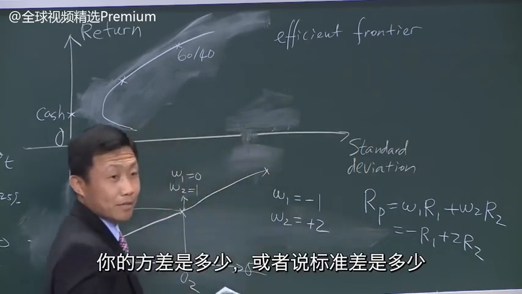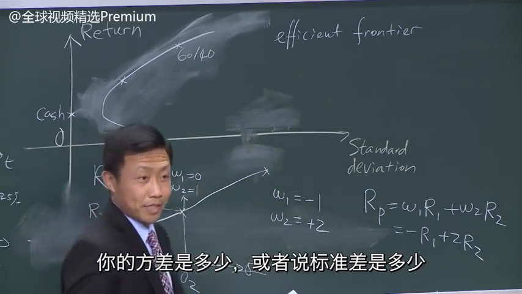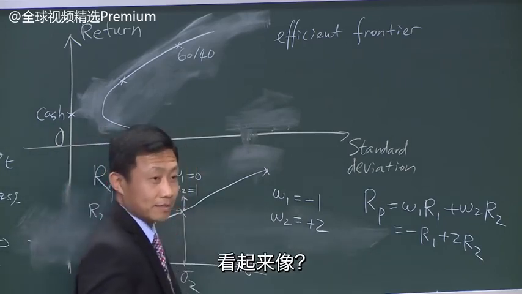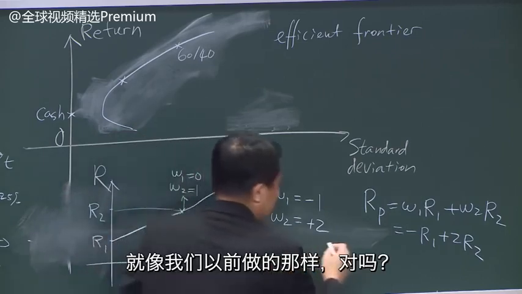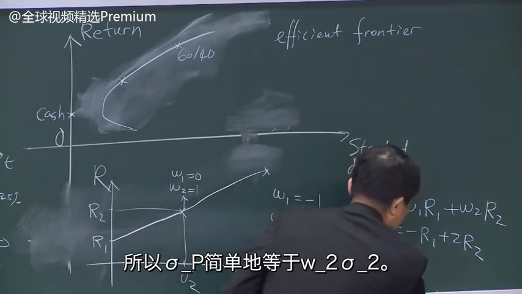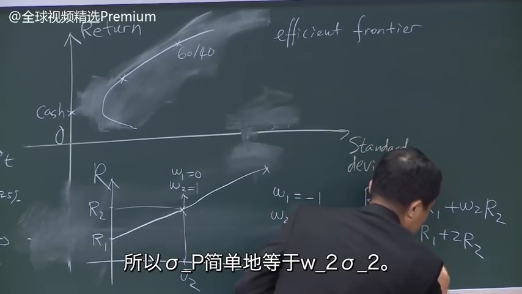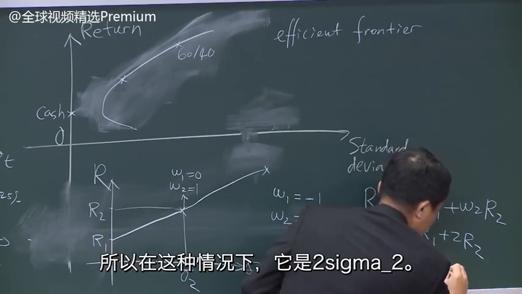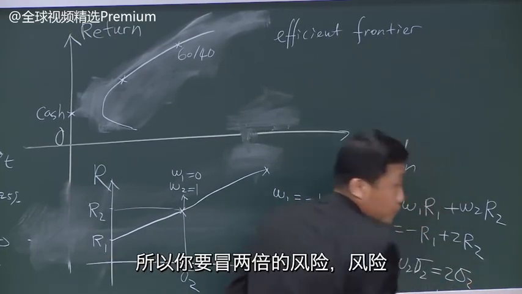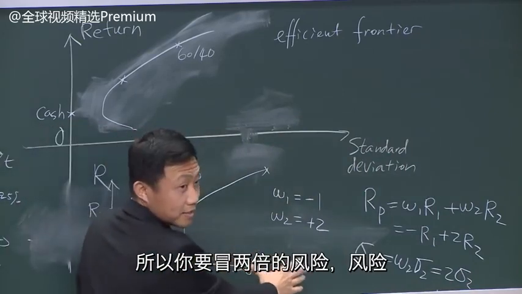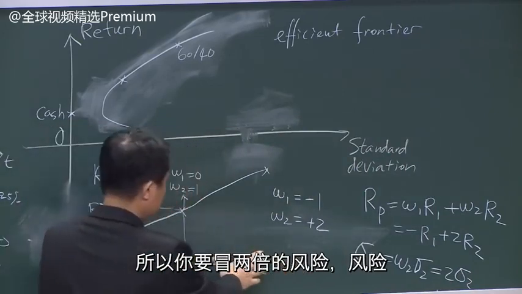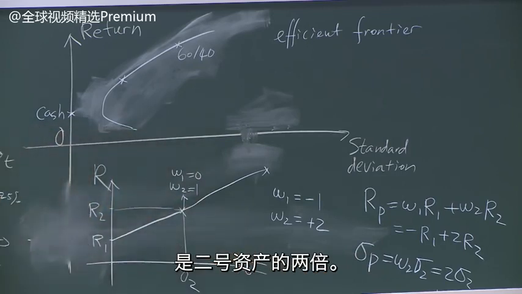What does your variance or standard deviation look like? As we did before, right? So sigma P simply equals W2 sigma 2. So in this case, it's 2 sigma 2. So you're 2 times as risky as asset 2.